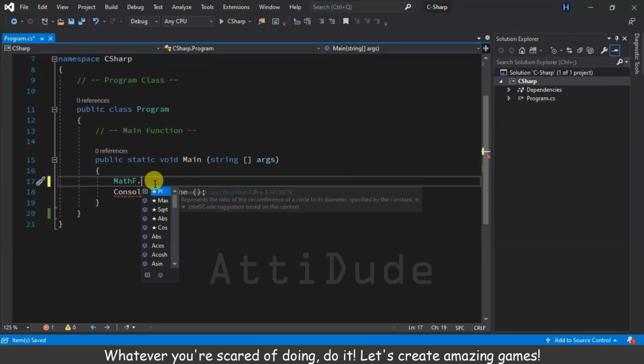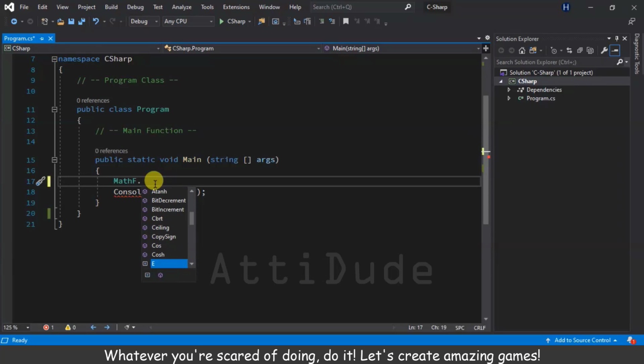You can even use Mathf. If you use Unity, you do Mathf like this. But if you're just using normal C#, then you write Math with a capital M. You have to write that because that's the class that provides all the different features, functions.